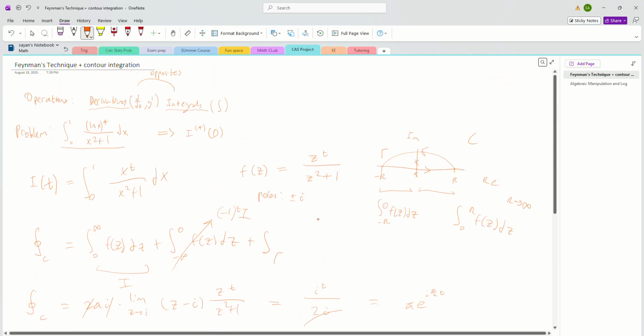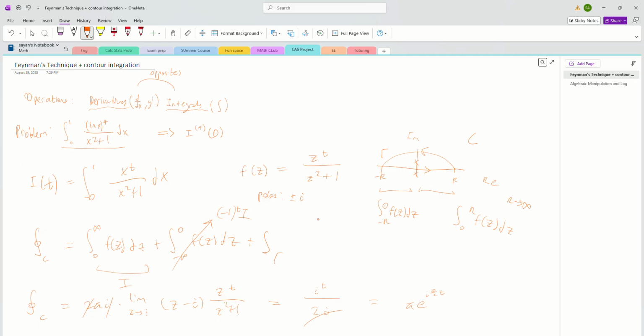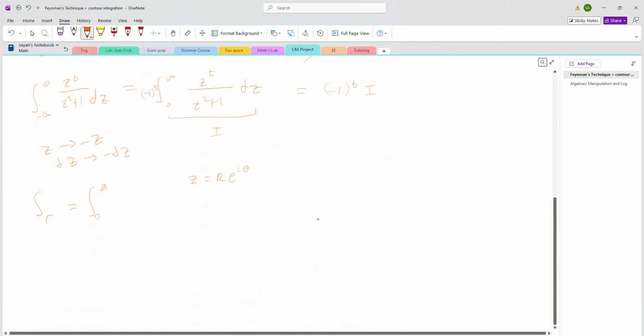So it's going across all of these different angles, and theta is our variable, right? Because we're going from this angle all the way to that angle. And so that's why our angle goes from 0 to pi, if that makes sense. r is just what we're multiplying by, because that's our radius.